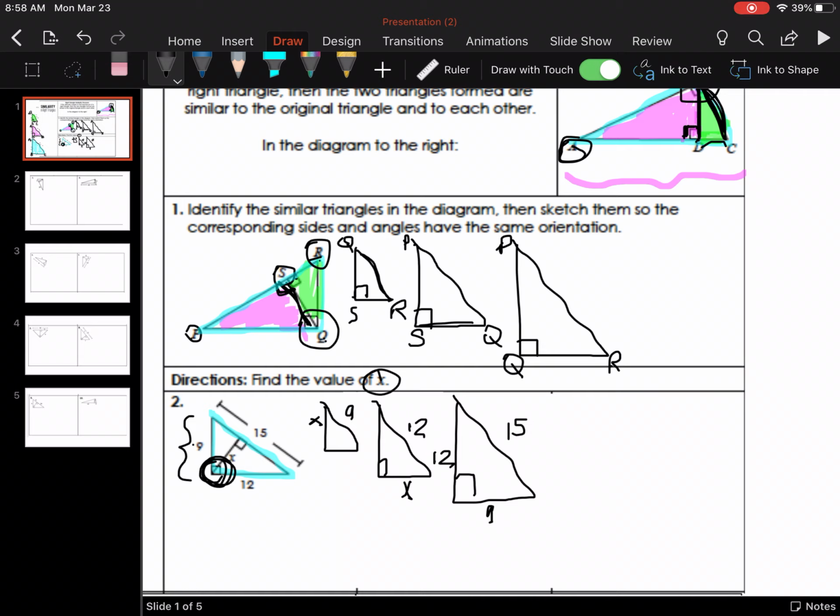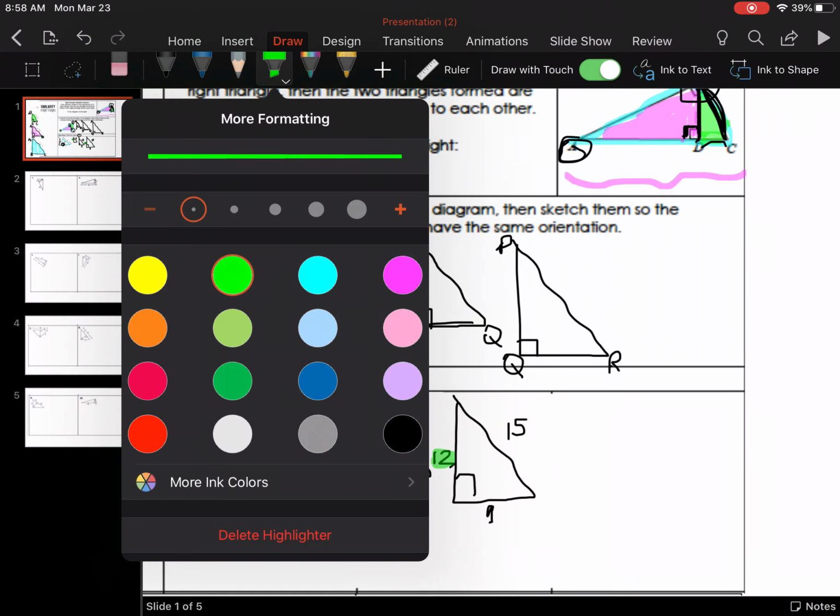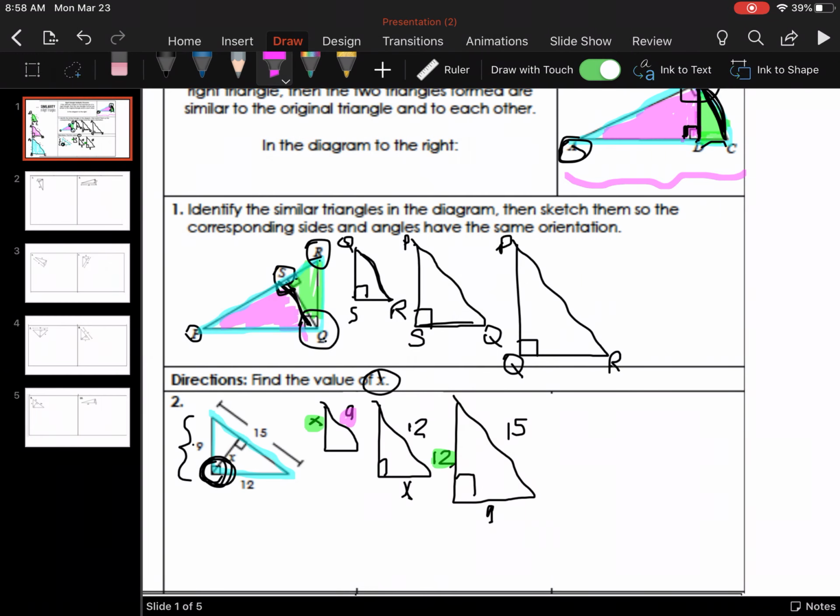All right. Now, what I like to do is find that x and look for the pair of corresponding sides. So I have the left side of this triangle. Well, I have the left side here. So that's good. And then I have the hypotenuse here. I have the hypotenuse there. I also have the hypotenuse there. So ultimately, I think what I'll use is this triangle and this triangle because they have the 2 pairs that match up.